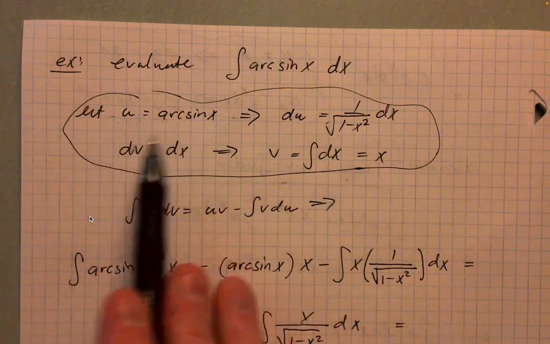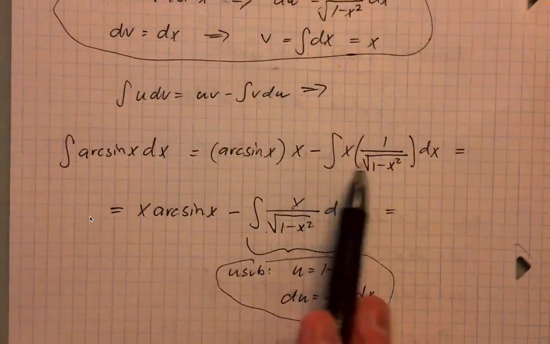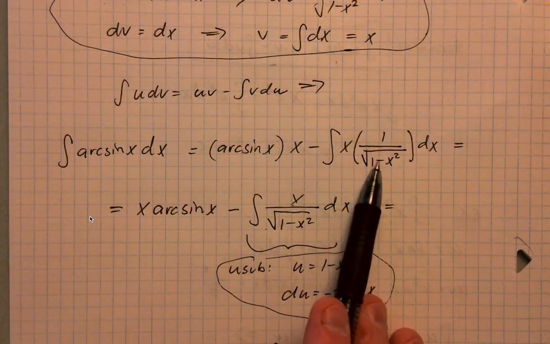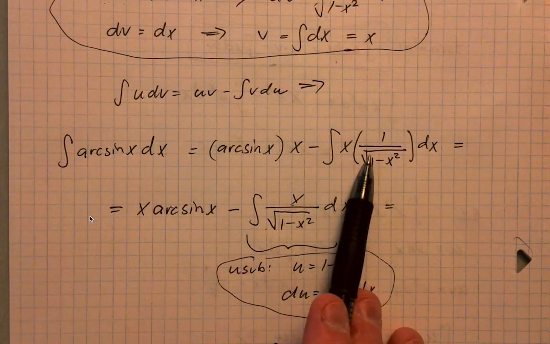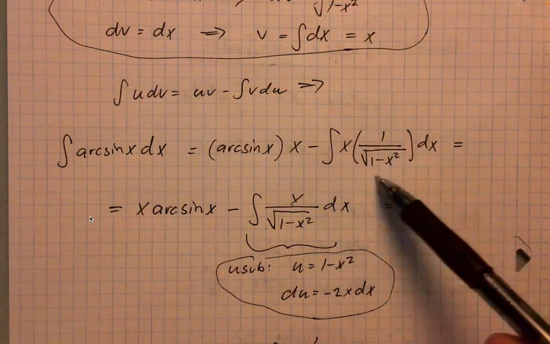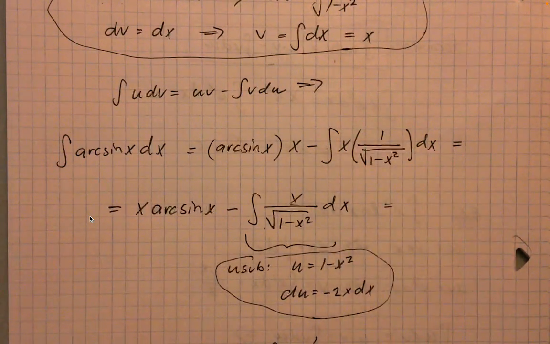This would be an example where you're just going to have to try some stuff. When you try this, you do see that this is very doable, although on the surface, this maybe looks worse. But if you've been practicing your integrals and you look at this, you might be able to say, oh, I can see a u substitution that'll work here, namely this 1 minus x squared. And that would get you through it. That would get you to the finish line.